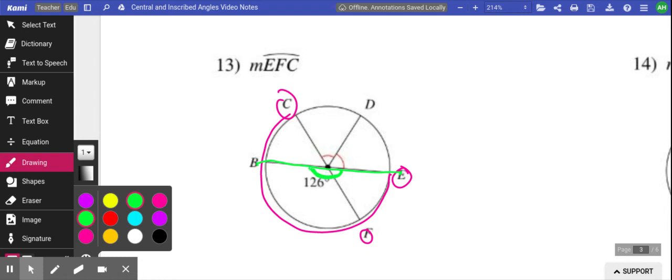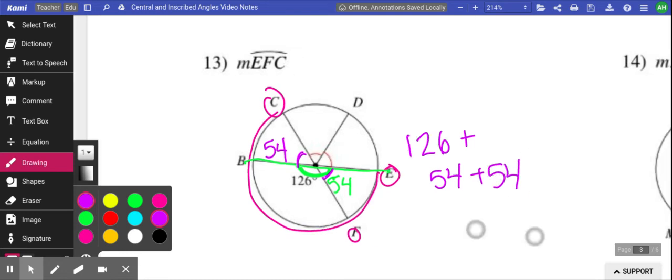If this whole thing is 180 degrees, then this angle right here is 180 minus 126, which is 54. And if this one's 54, then this is 54 because of vertical angles. So you will take 126 plus 54 plus 54 and add those together.